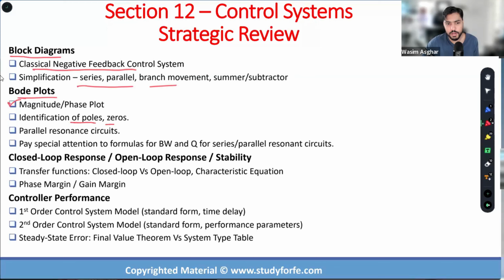If you're not clear about what is happening when a pole is introduced or a zero is encountered, you do not stand a chance to have a shot at the transfer function or to deal with the Bode plot problems. The definition of pole and zero is very simple, straightforward. And at the very least, you should be able to identify poles and zeros on a Bode plot.